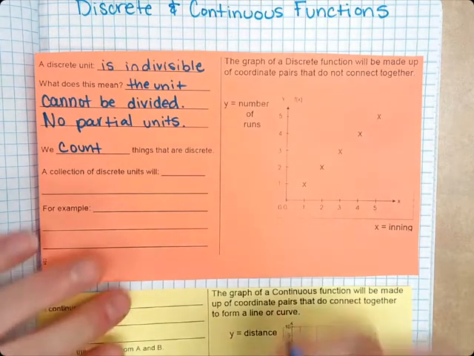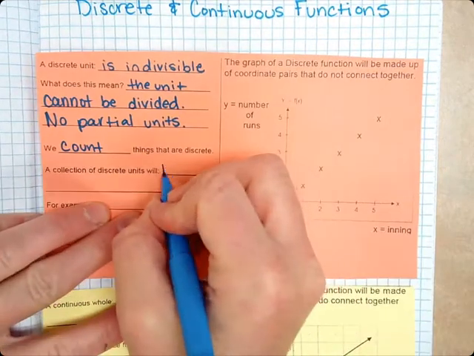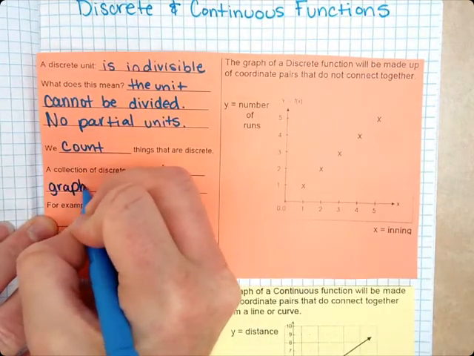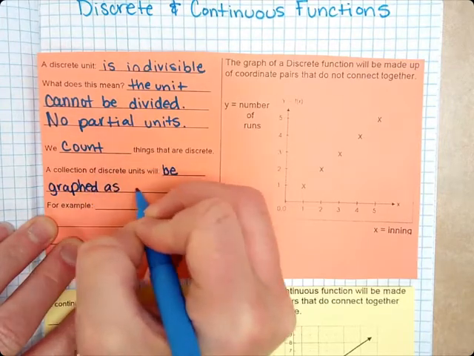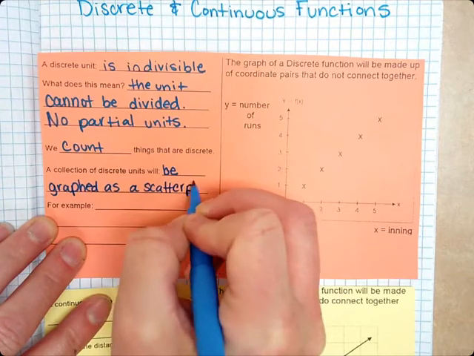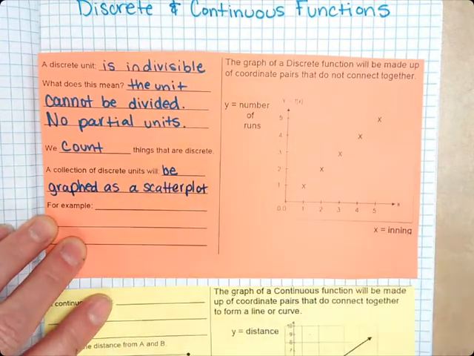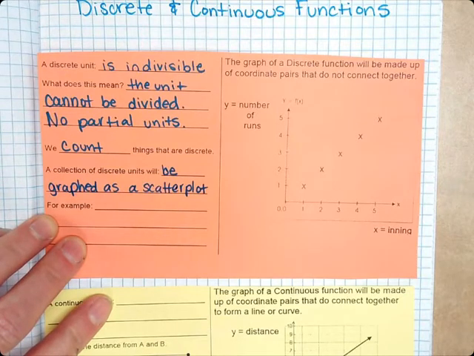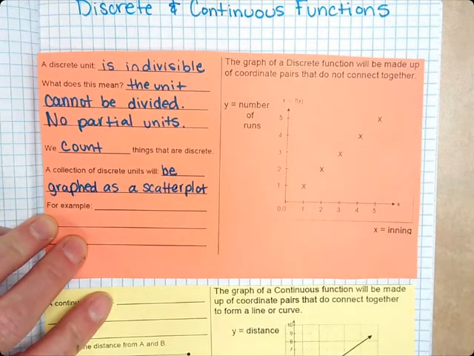A collection of discrete units will be graphed as a scatter plot. So let's say I am breeding boxer puppies. My female dog would give birth to so many puppies, her first birth. Then her second birth, she would give so many puppies.